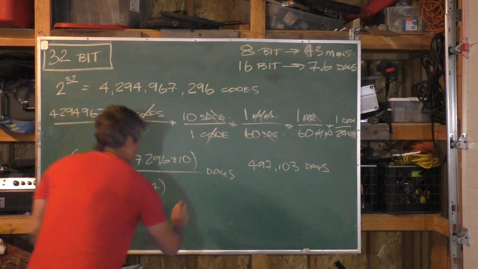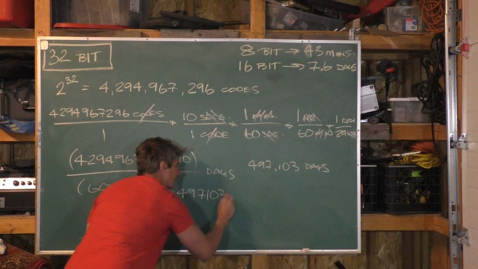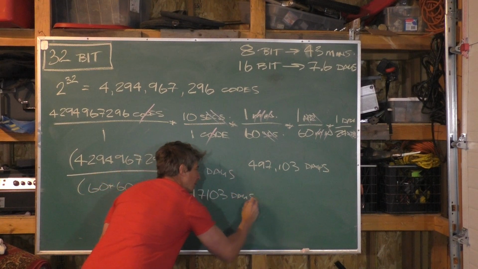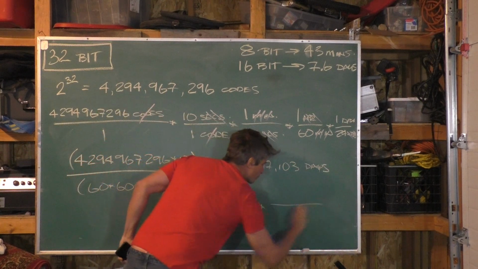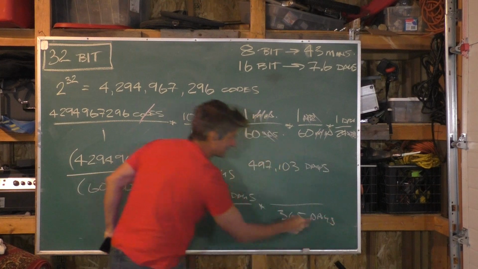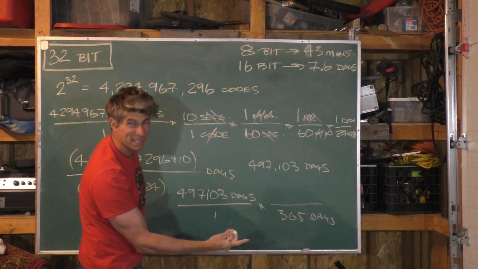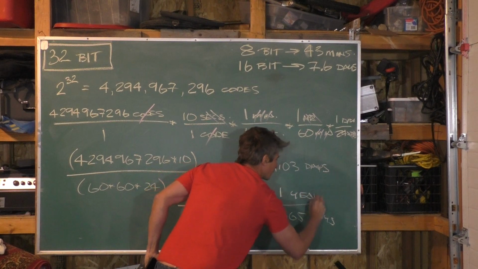So let's take it. 497,103 days. And then we're going to multiply that by, let's do 365 days. I know that there's technically different numbers of days, but let's just use 365 to get us close. In 1 year.